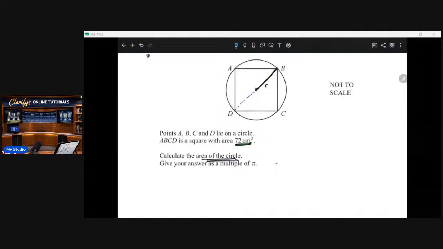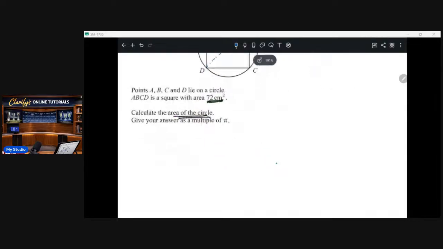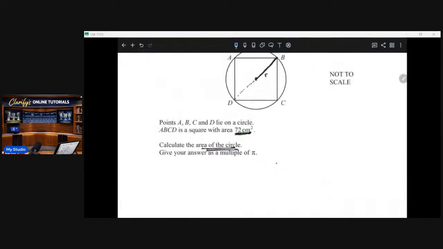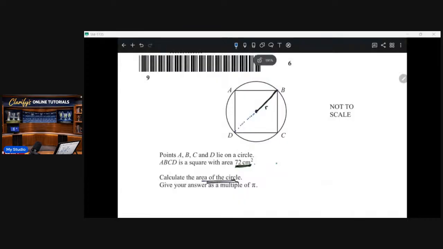You can say this triangle number 1 and triangle number 2. So you can use it to try and find R. This is the game we have to play until we find R, then we'll be rewarded with our 3 marks. So we can say pi R squared. Our job is to find this R here.